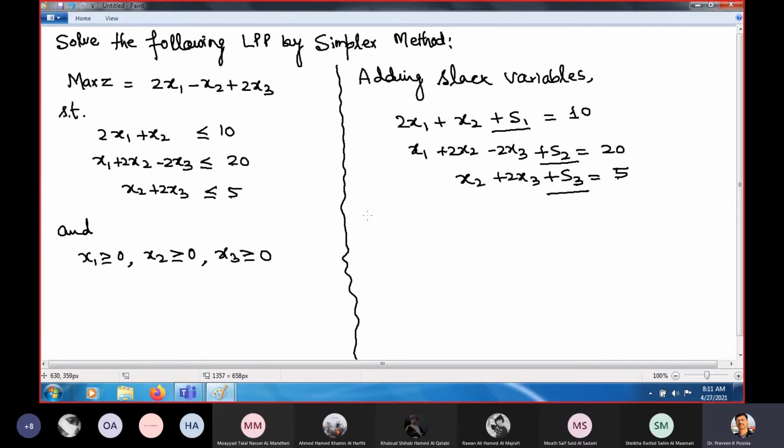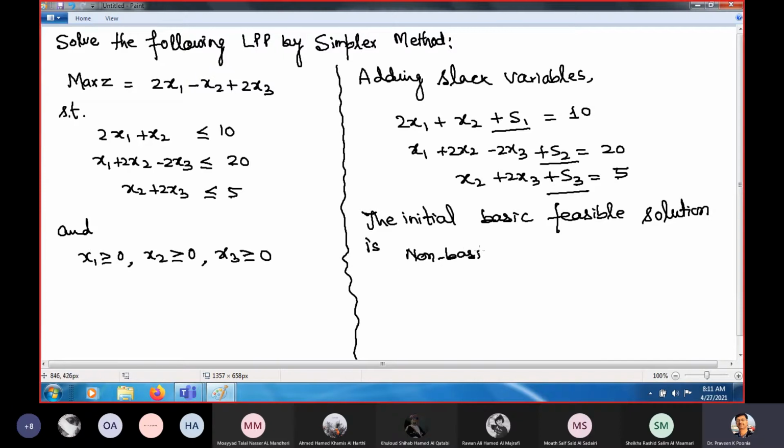Now, the initial basic feasible solution. What is the initial basic feasible solution? It is obtained by putting the non-basic variables equal to 0.